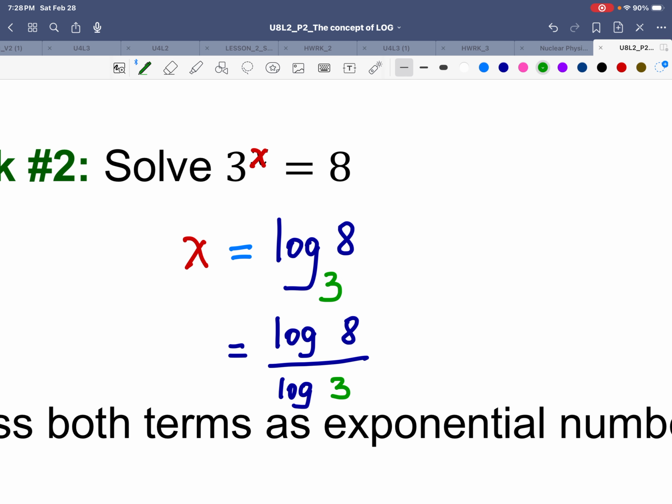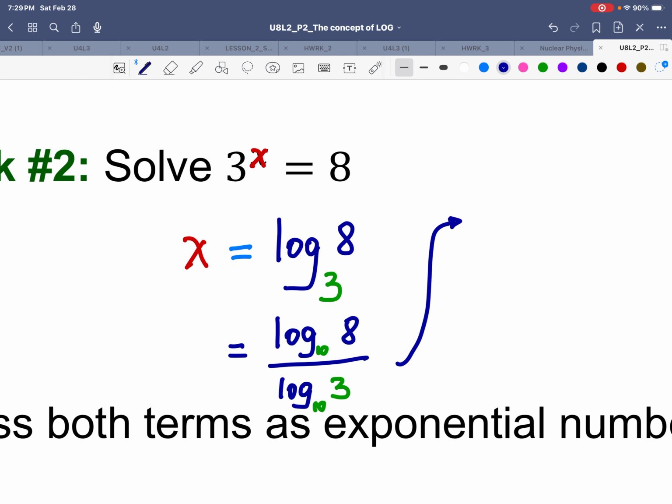And again, the calculator will recognize the base of 10 here, but we don't have to write number 10, and we don't want to overload our equations and our steps with unnecessary symbols or numbers. So if you divide log of 8 by log of 3, I need to grab my calculator. And here we go. Then we're going to see that log of 8 divided by log of 3 would be equal to 1.89.